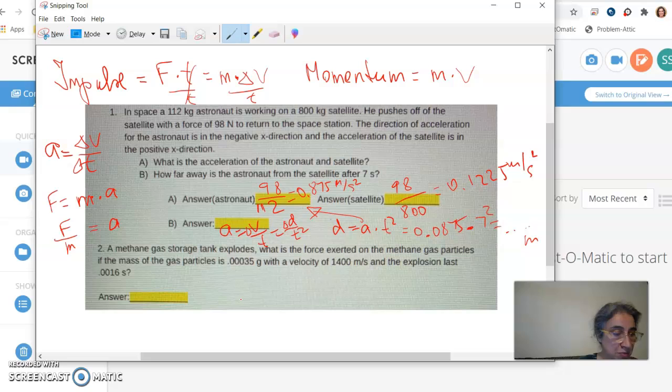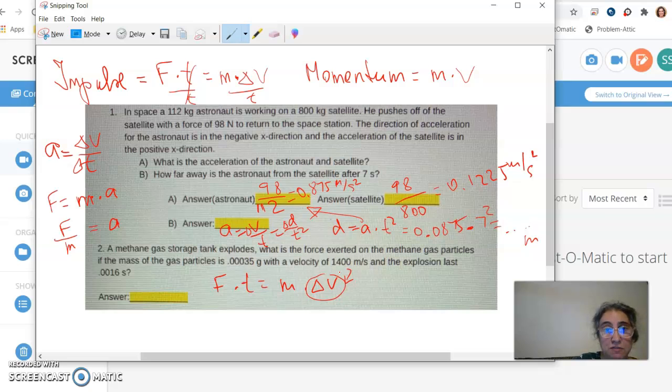So if I am applying the same formula, I'm ending up with the force times the time equal to the mass times the difference in velocities. Since the initial velocity was 0 and the final velocity is 1400 meters per second, we know the 1400 is going to be replaced in the formula for the dV.